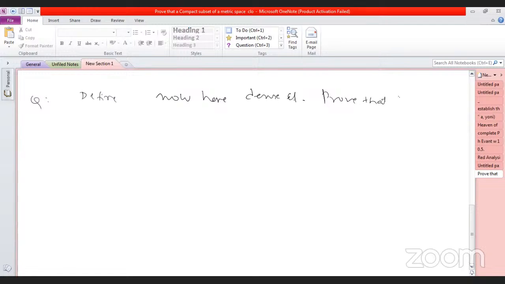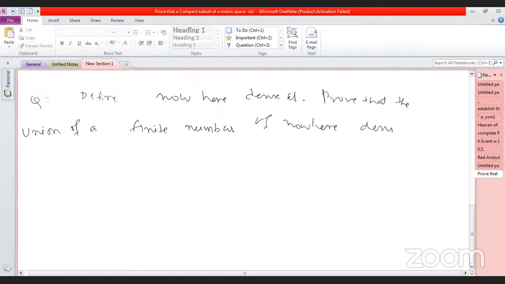Prove that the union of a finite number of nowhere dense sets is nowhere dense. Here he is asking to write the definition of density.